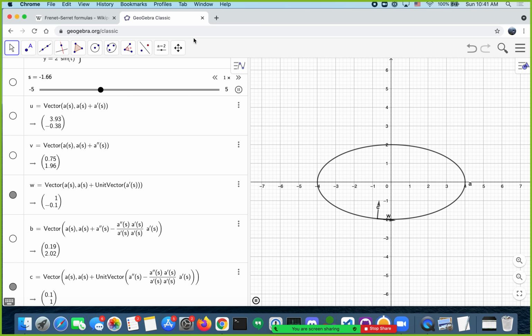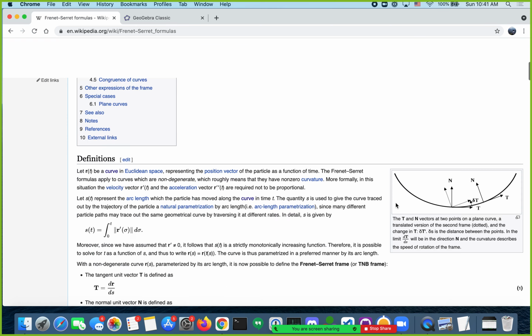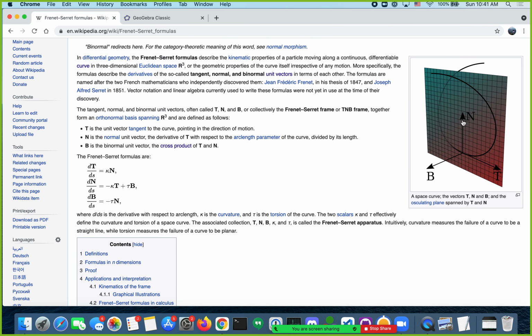And the way we will do it is we're going to take t cross c, and that'll produce a new vector, which will be our third vector in our little TNB frame, which looks like that in 3 dimensions.